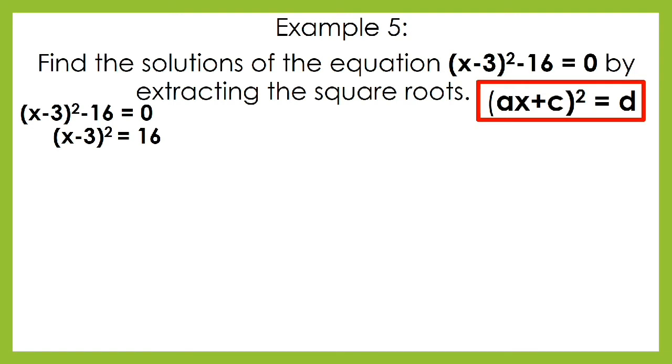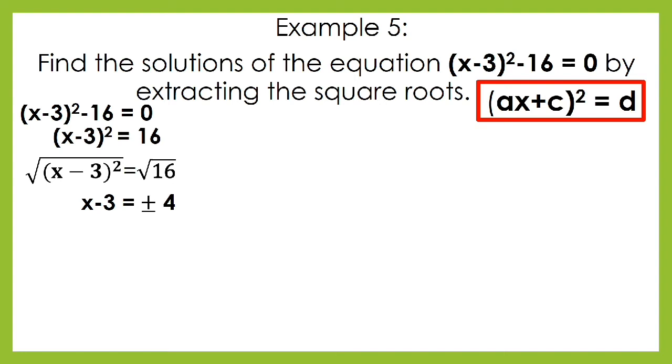Extract natin yung roots of both sides of the equation. We now have square root of the square of x minus 3 equals square root of 16. And then, we simplify. Square root of the square of x minus 3 is equal to x minus 3. Na-cancel si square root at square. Si x minus 3 na lang ang naiwan. Equals, positive, negative, square root of 16 is 4.